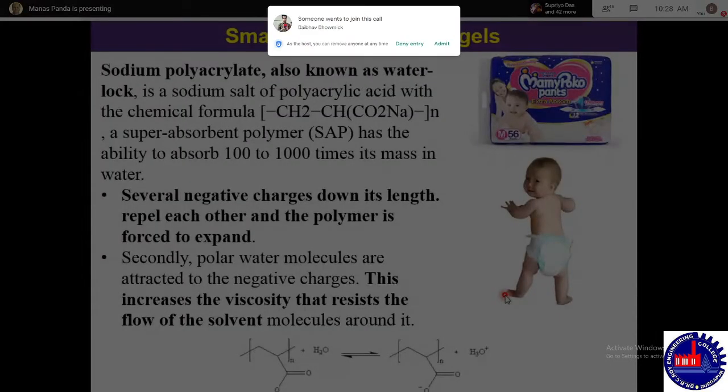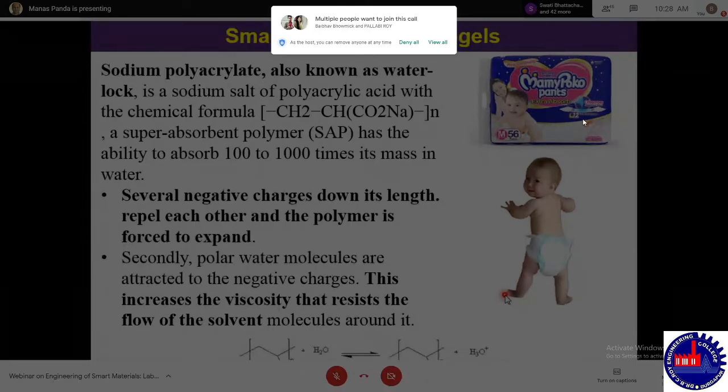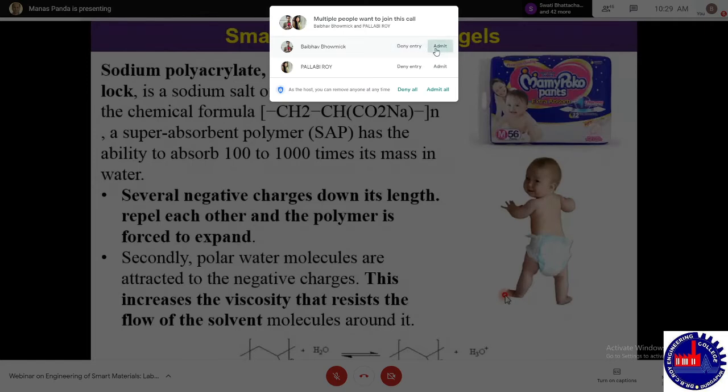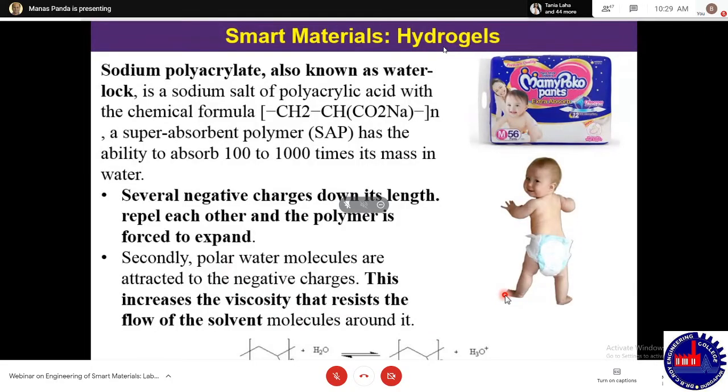So it has a tremendous water absorbing capability. The main important thing is that after absorbing water, it is no longer fluid inside. So it is trapped inside.